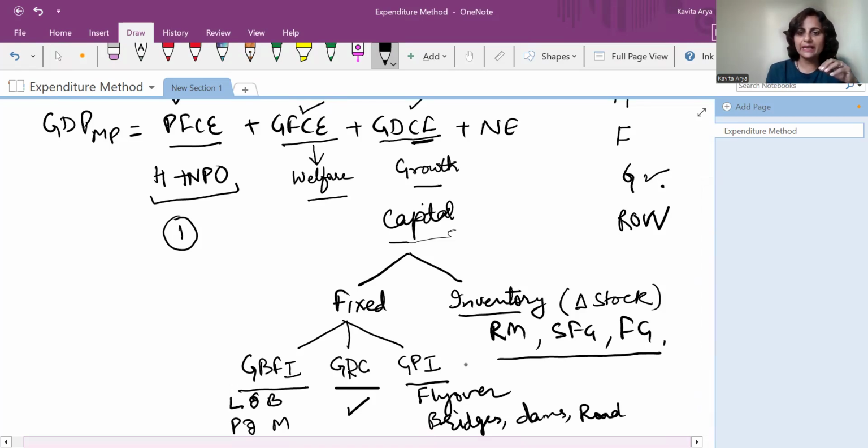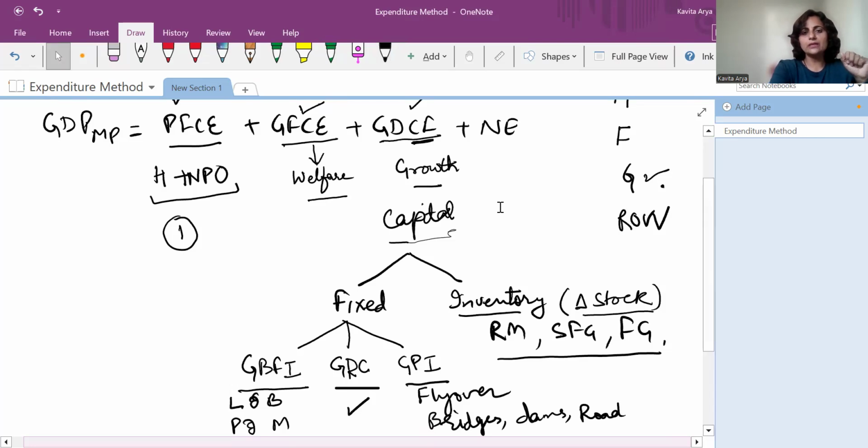That's why we say the change in inventory, and the change in inventory is the closing stock minus the opening stock. There are a number of formats in which inventory is given for the numerical perspective, and that would be dealt with when we are dealing with the numerical section.